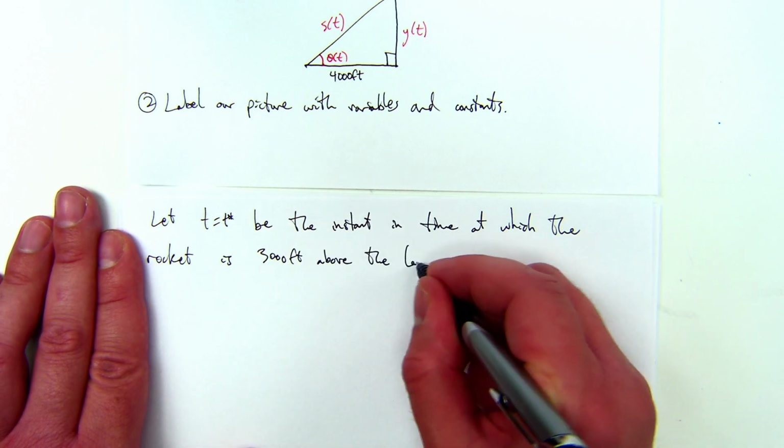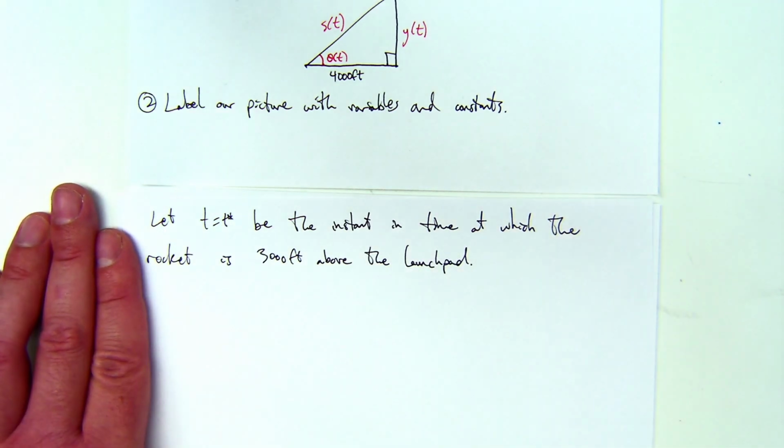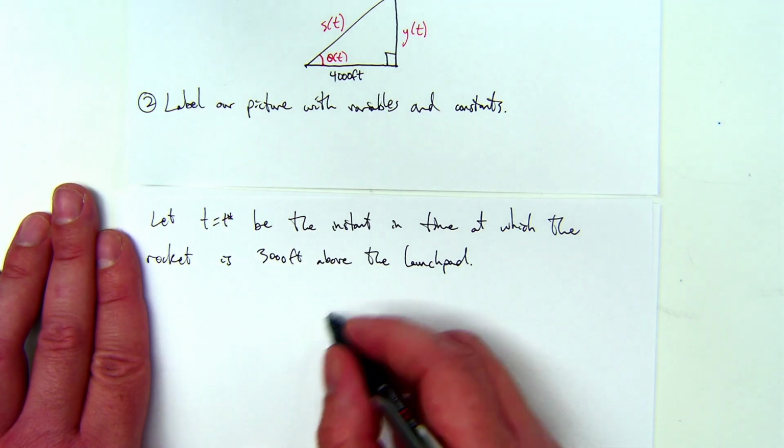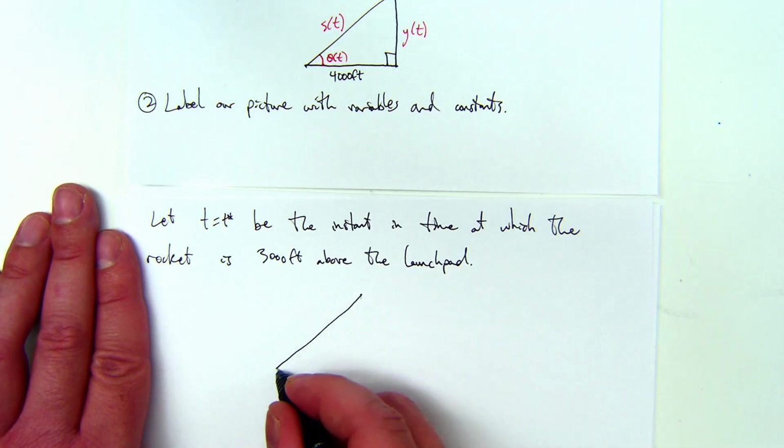So I've given this a special name, t equals t star. I've given t star as one particular time, and we're going to draw a picture of that particular time.